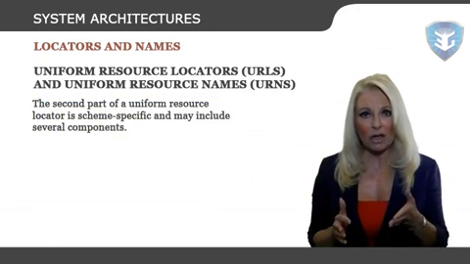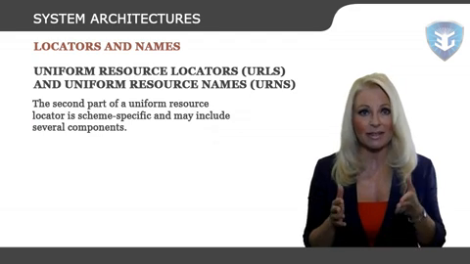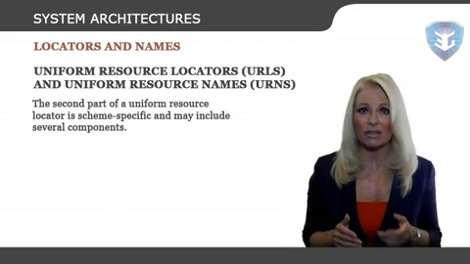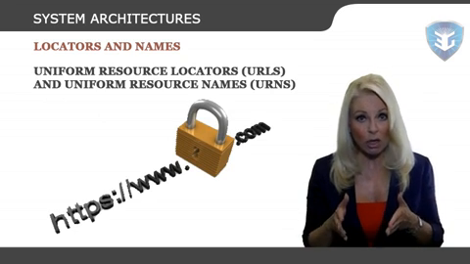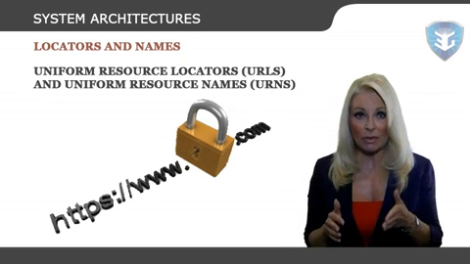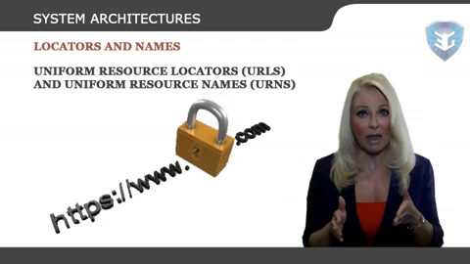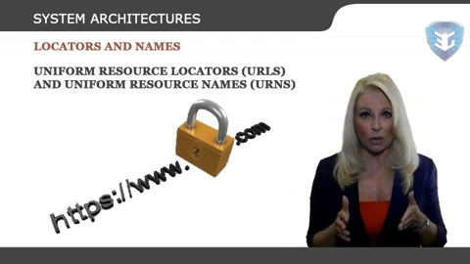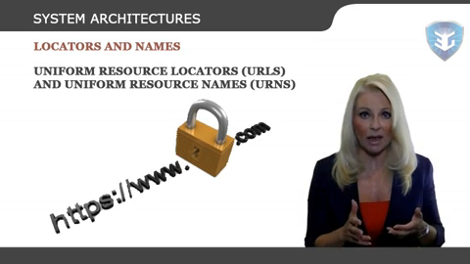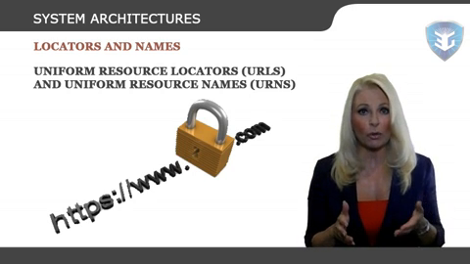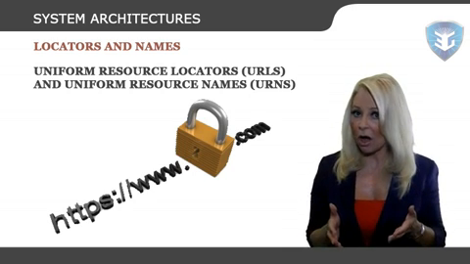The second part of a Uniform Resource Locator is scheme-specific and may include several components. This part of an HTTP URL often begins with www, followed by a domain name. A numeric Internet Protocol IP address may be used in place of the domain name. The name can be followed by the path to a specific object.